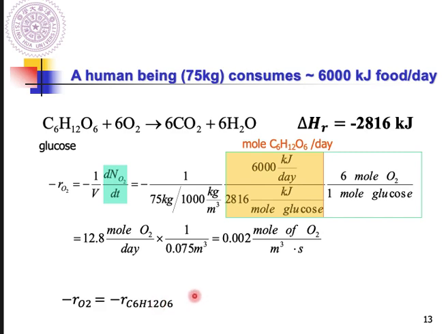It's 1 over 2, or 1 over 6, or times 6? If you consume 1 mole of glucose, you will consume 6 moles of oxygen, so it should be times 6.